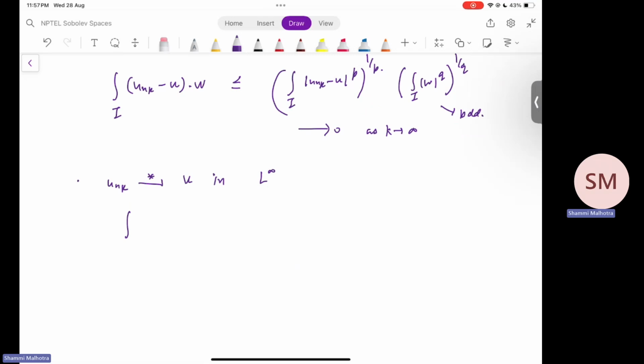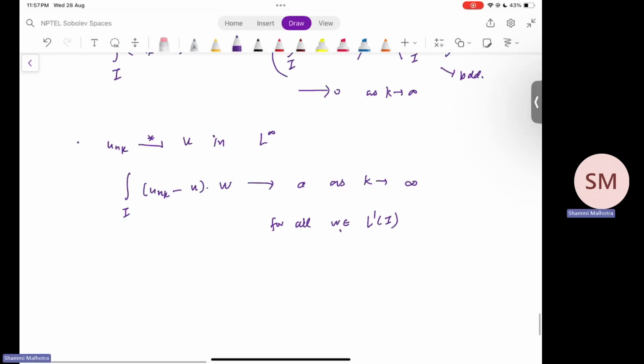So we have to show that the integral of (u_n_k minus u) times some w goes to 0 as k tends to infinity, for all w in L1(I).